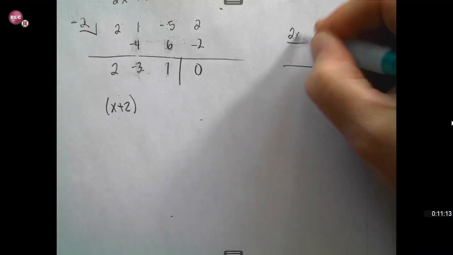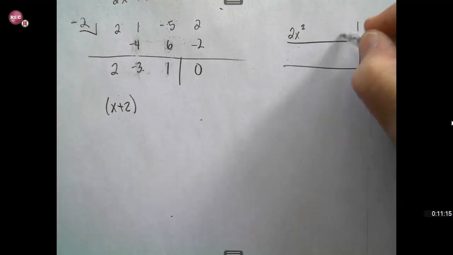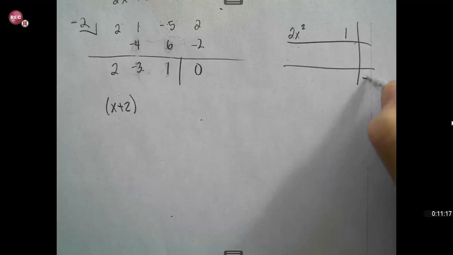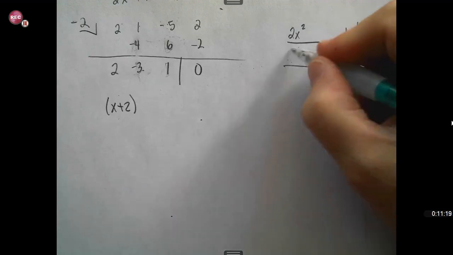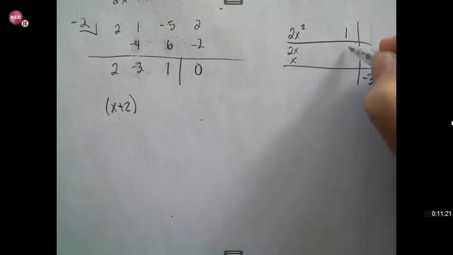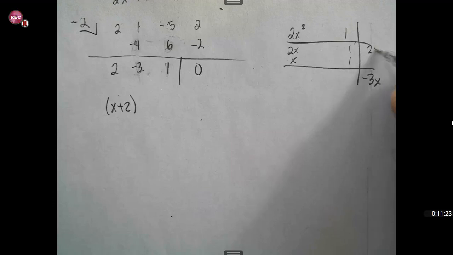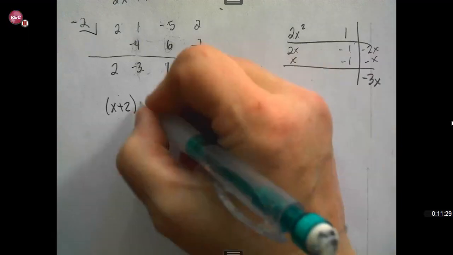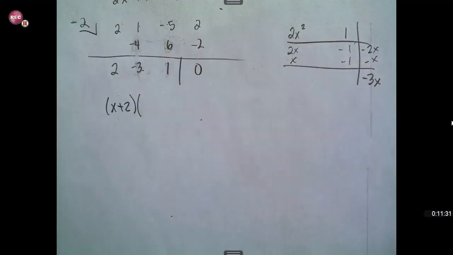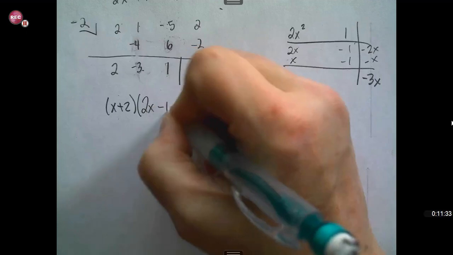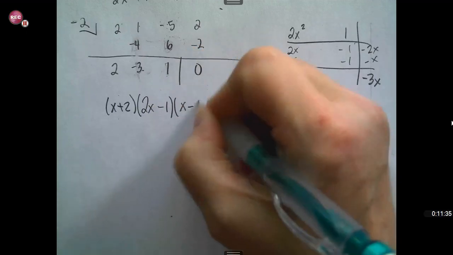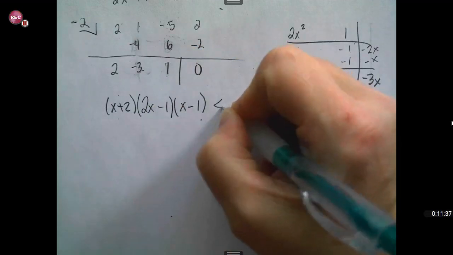This is going to be 2x squared. This is going to be 1. This is going to be -3x. So obviously 2x and x, 1 and 1, 2x and x, and they both need to be negative for this to work. So I'm going to have x plus 2, and 2x minus 1, and then x minus 1 is less than 0.